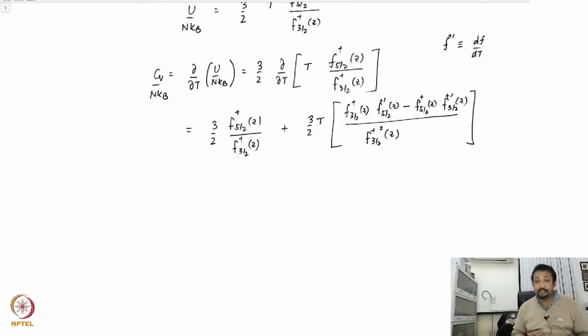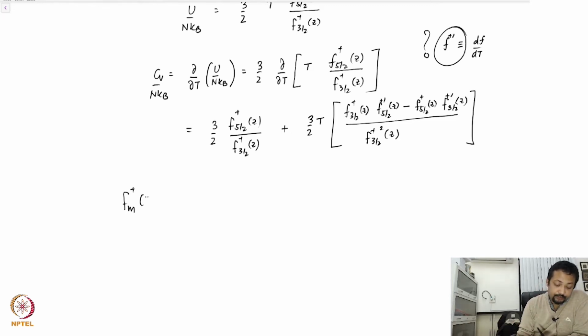Now, the first thing is to evaluate these derivatives. How can I do this? How do I evaluate such quantities? For that, we note F_m plus of Z is the integral from 0 to infinity, 1 over (m minus 1) factorial. So we go back to the original expression for these functions: dx x to the power m minus 1, 1 over Z inverse e to the power x minus 1.